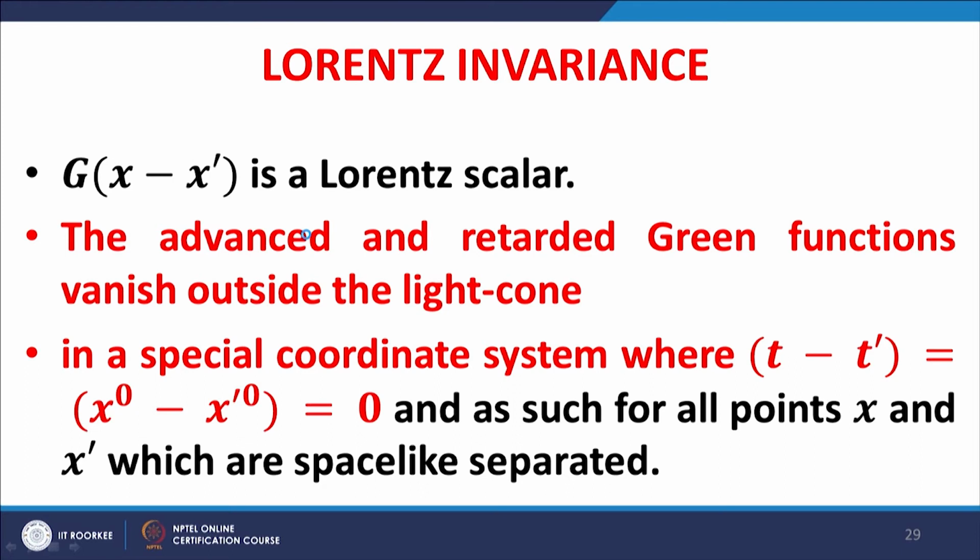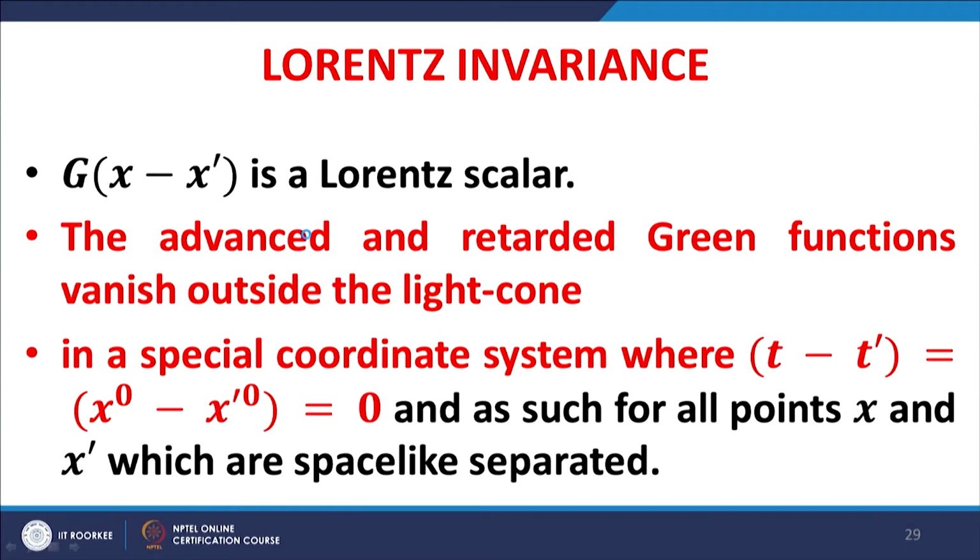That means two events are instantaneous in time, and as such for all points x and x' which are space-like separated, the advanced and retarded Green functions vanish outside the light cone. In other words, if there are two space-time events at x and x', and they are space-like separated, then the corresponding propagators vanish outside the light cone.